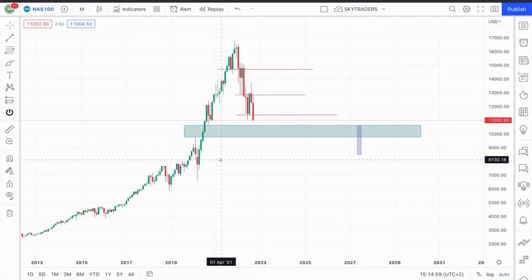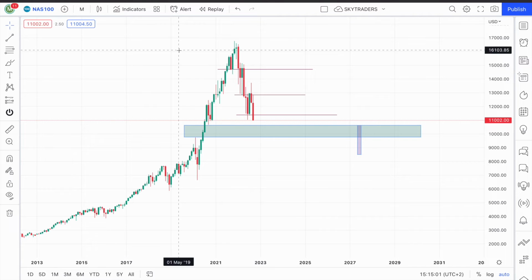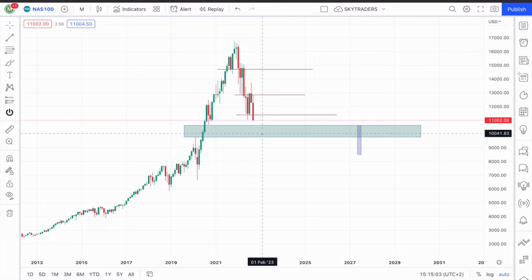So what do we have in here? On the monthly time frame, we're clearly in a downtrend. From a sentiment point of view, all of the market makers are trying to push the market to the downside. That's because of the news, what's happening in the US, increase in interest rate, bear market, everything.